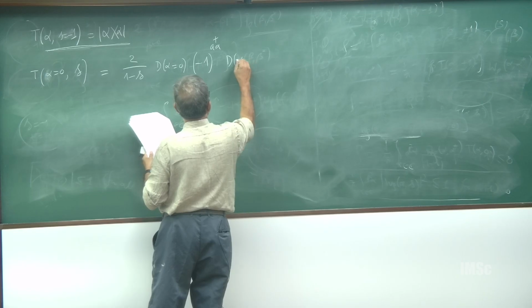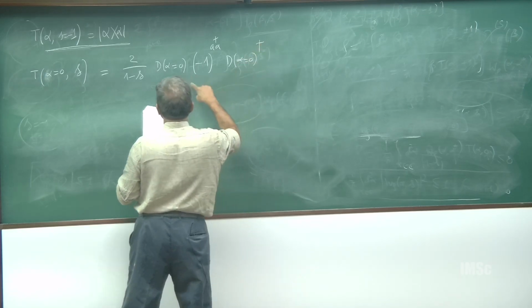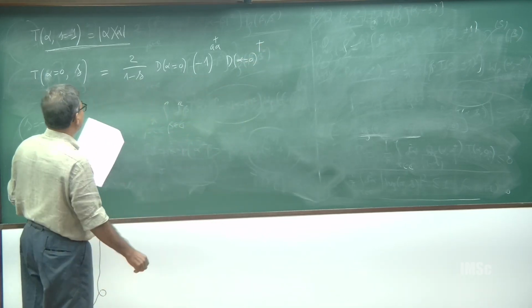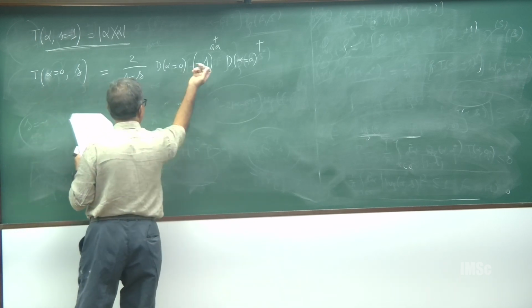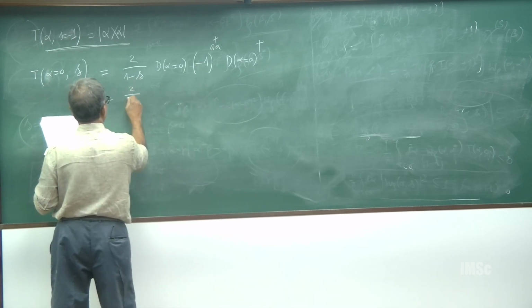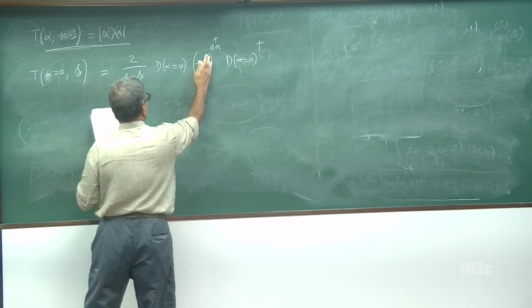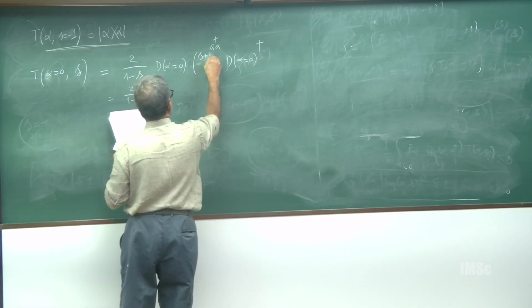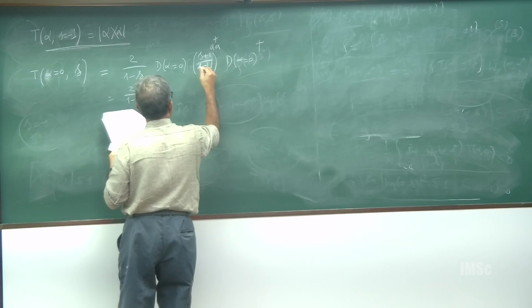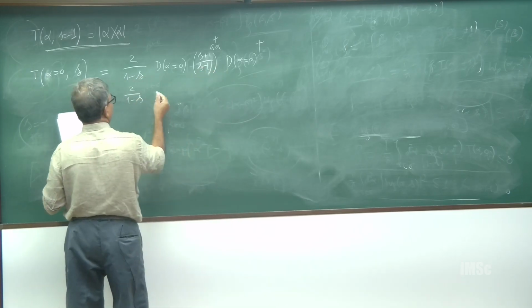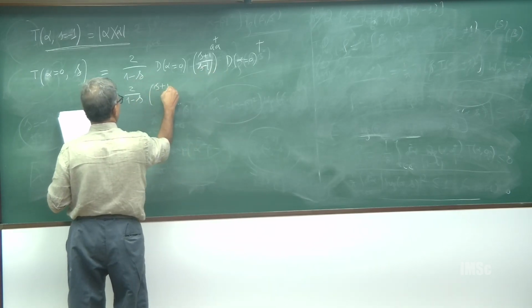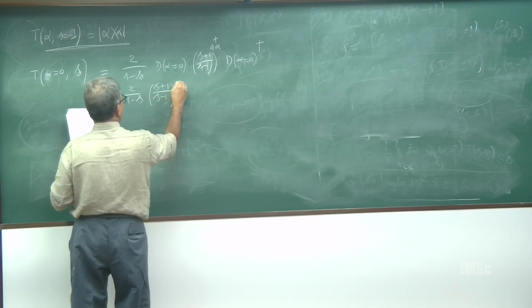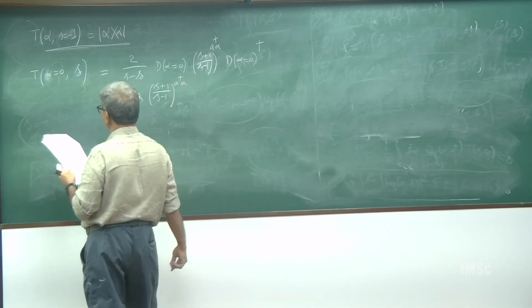Now, D of alpha equal to 0 is identity. So, this is 2 by 1 minus s, oh no, sorry, this is not minus 1, s plus 1 by s minus 1 to the power a dagger a.